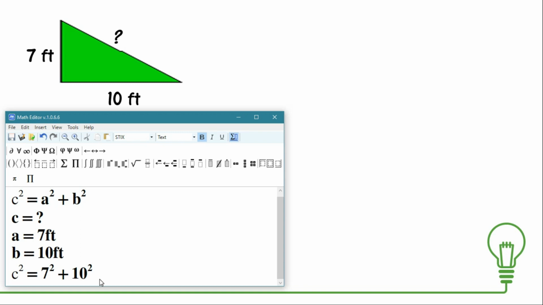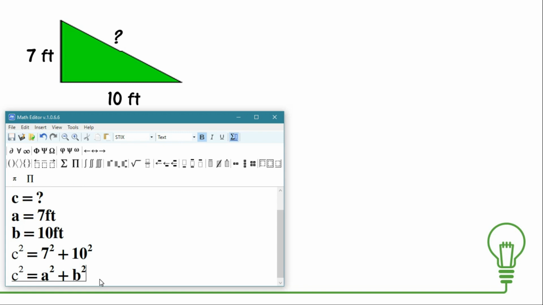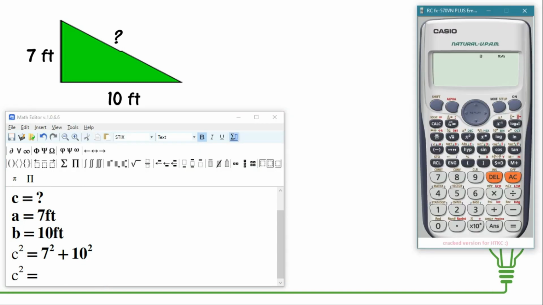Okay? So using your calculator, let us compute. That would be 7 square. What is 7 square? That means that you have to multiply 7 by itself twice. So that would be 49.